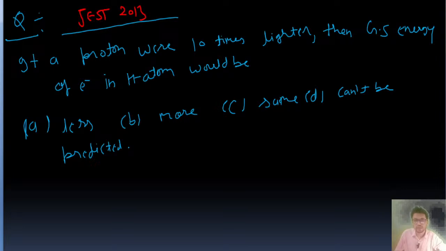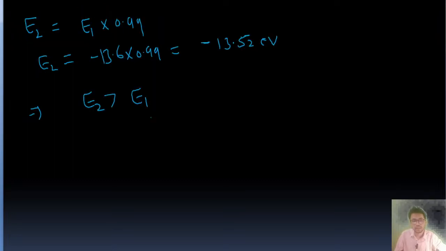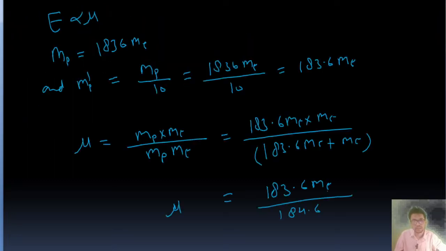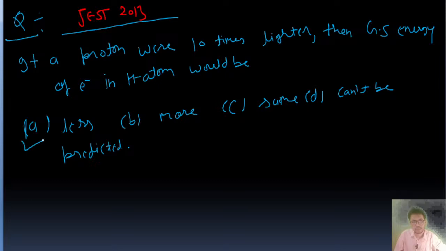So which option is matching, guys? According to the question, it is asked: if the proton were 10 times lighter, then the ground state of hydrogen atom would be what?